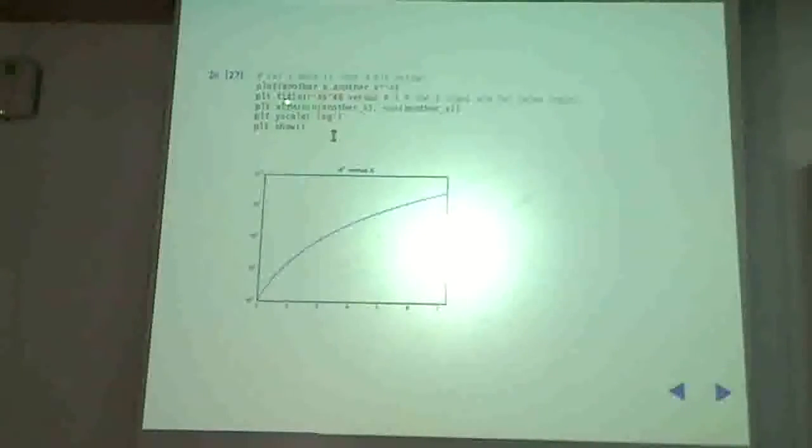Then we change the x limit to go from the minimum value of anotherx to the maximum value, which is 1 to 7.27. And we decided it was nicer to show the y scale as a log scale, so this becomes a semi-log plot: the y-axis is on a logarithmic scale and the x-axis is on a normal scale.